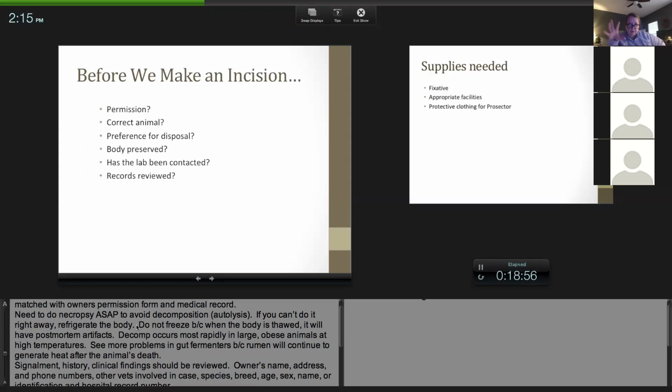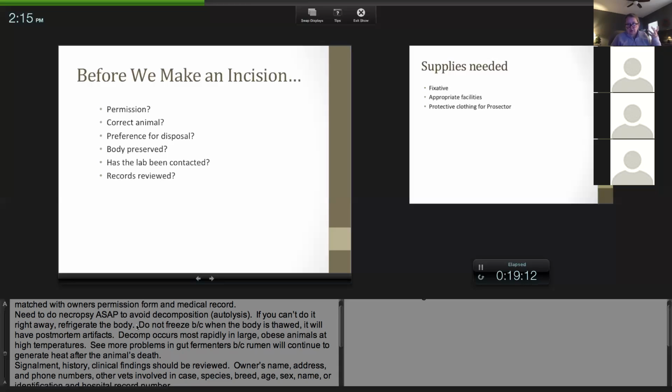I mean, you could potentially open it and do what's called a gross necropsy, but as far as sampling blood or tissue or cells, you're not going to be able to do that because the tissue has already begun to decompose.